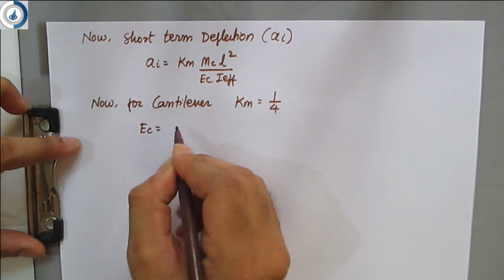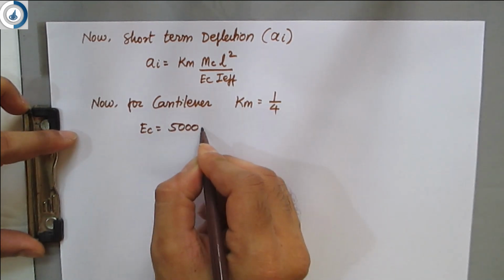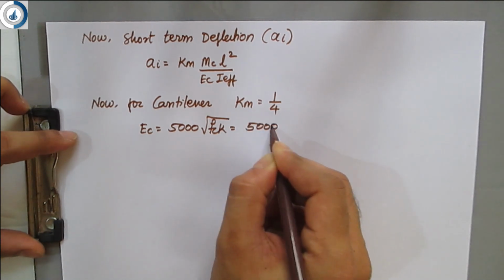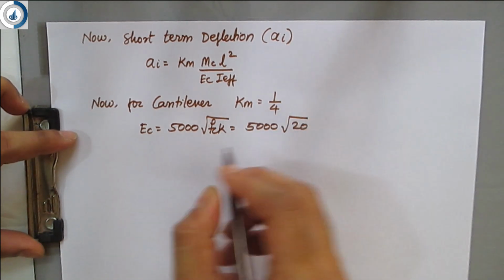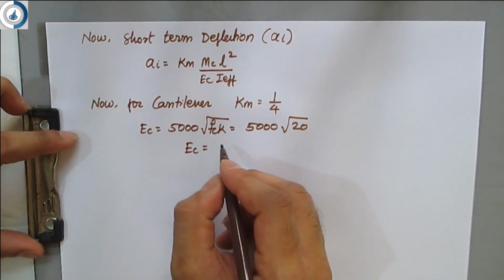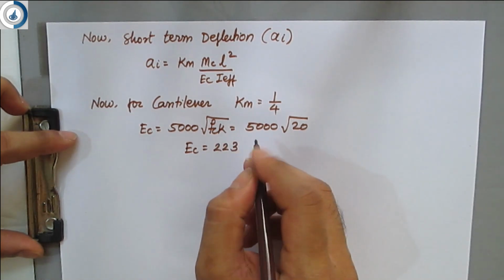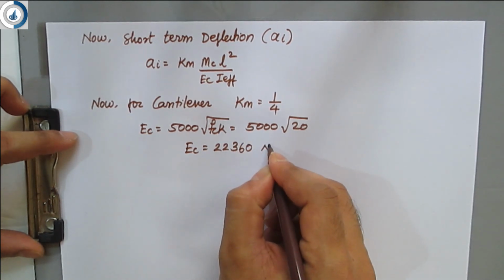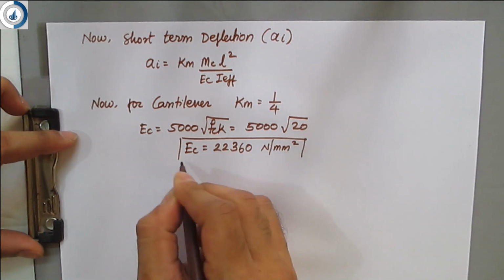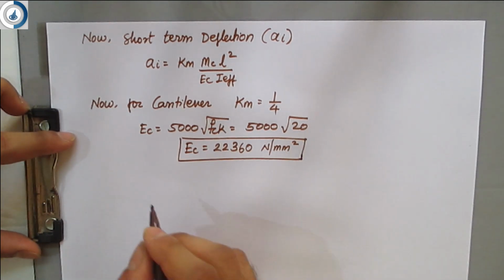It is given as 5000 root of fck. So 5000 root of 20, EC comes out to be 22360 Newton per mm square. So this is your EC, modulus of elasticity.